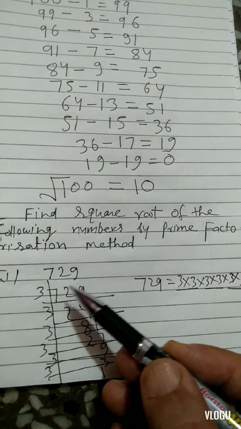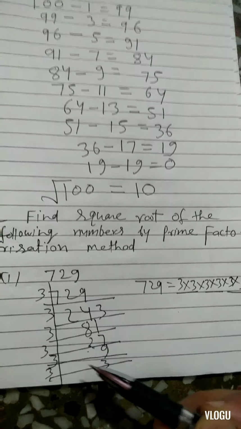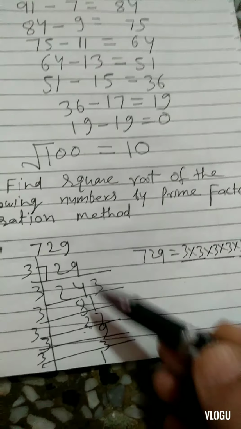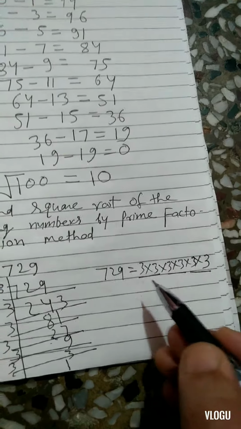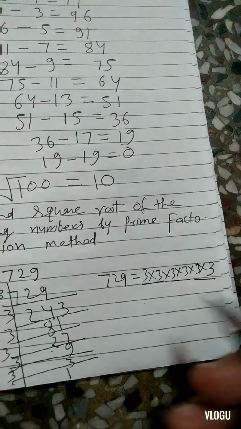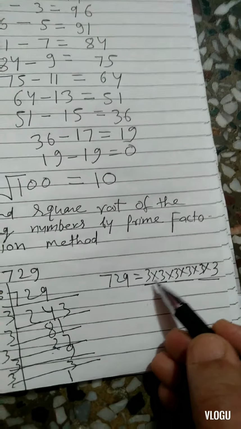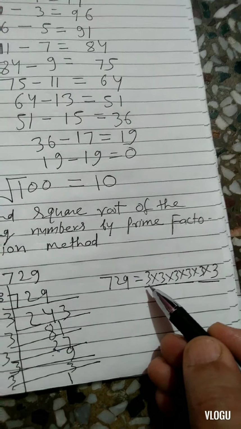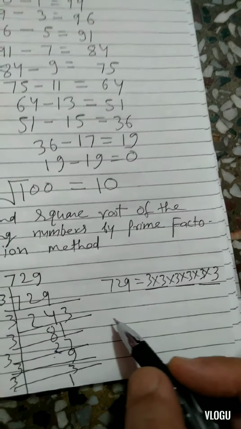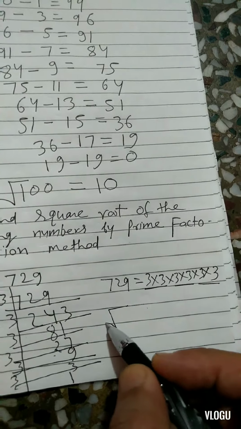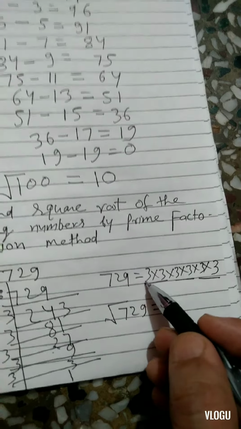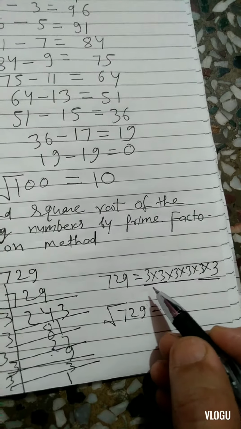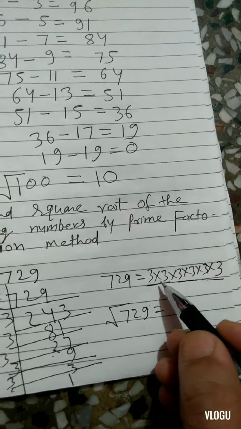Factorize 729 and you will get the prime factors. Make pairs of 2. So square root of 729: from each pair you will write one number.